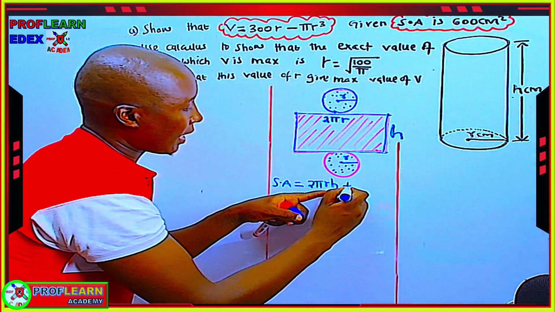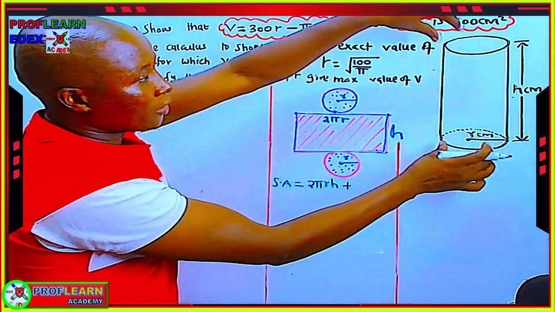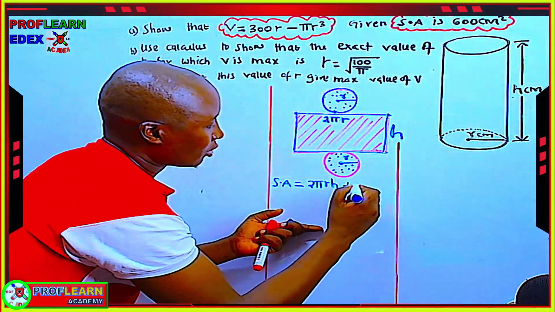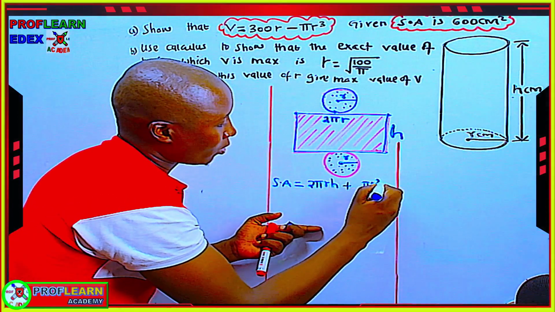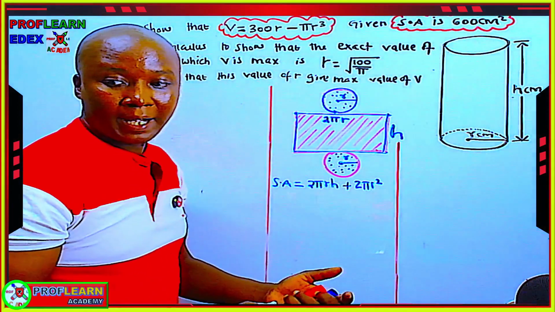Then we add the area of this circle and the area of this circle, which form the bottom and the top of this cylinder. The area of a circle is pi r squared, and since there are two, we say 2 pi r squared.